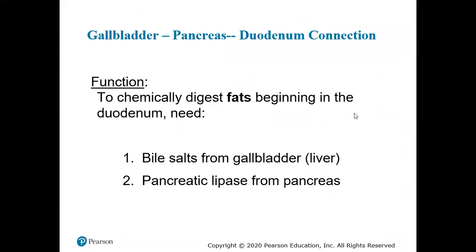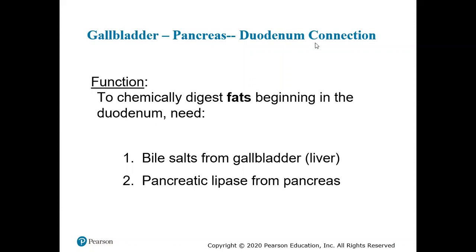We're going to diverge off of our pathway just a little bit to discuss the anatomy, the arrangement of the gallbladder, the pancreas, and the duodenum. To chemically digest fats, beginning in the duodenum, we need bile salts from the gallbladder, which are really from the liver, as well as pancreatic lipase from the pancreas.